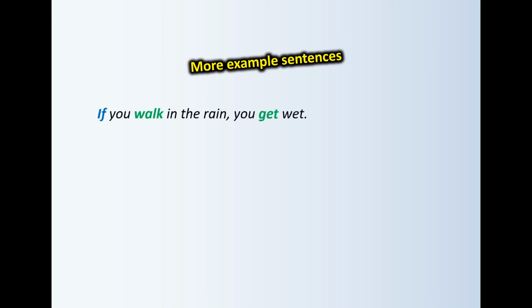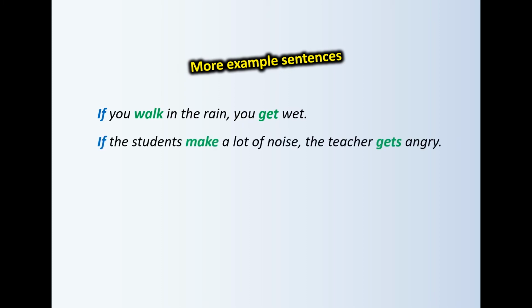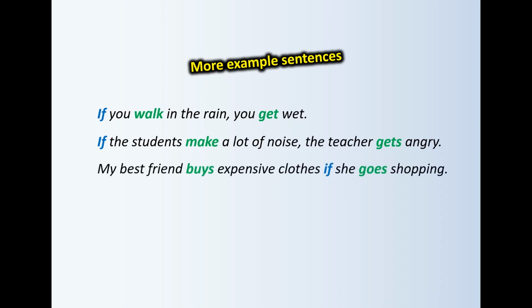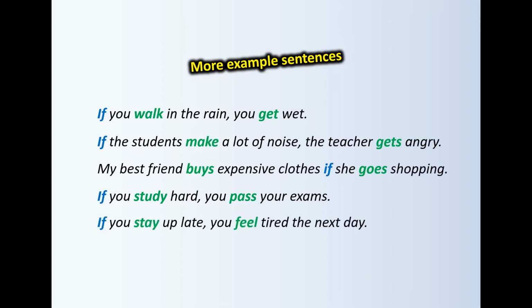If you walk in the rain, you get wet. If the students make a lot of noise, the teacher gets angry. My best friend buys expensive clothes if she goes shopping. If you study hard, you pass your exams. If you stay up late, you feel tired the next day.